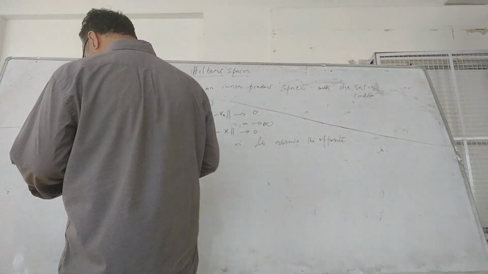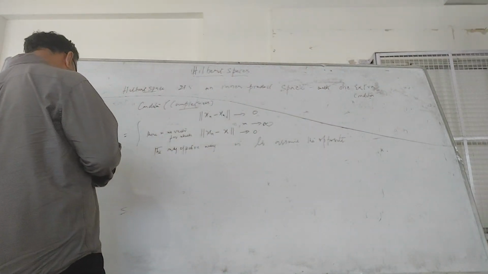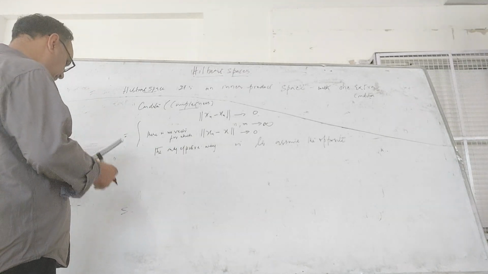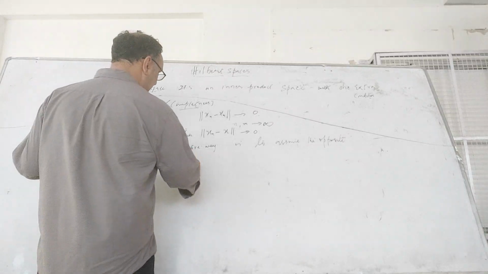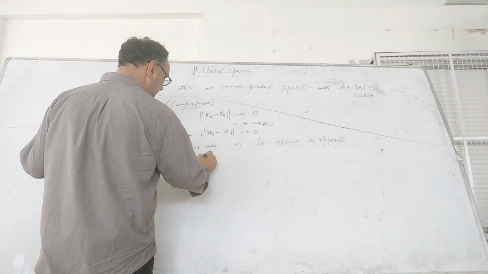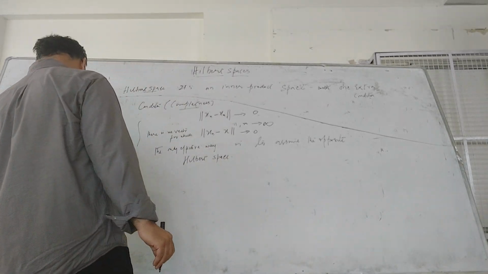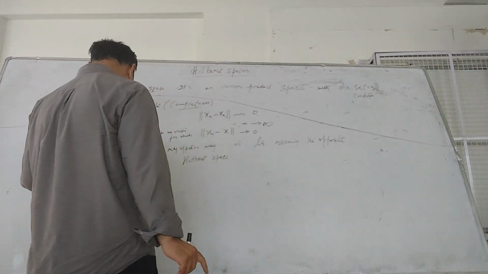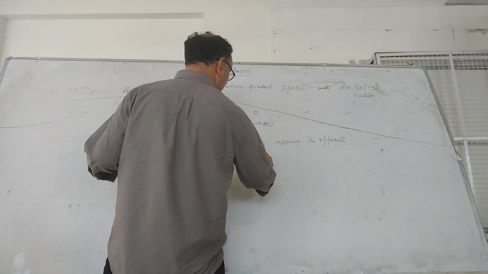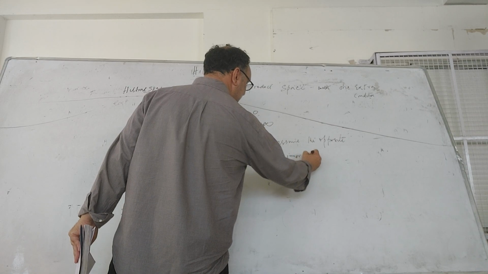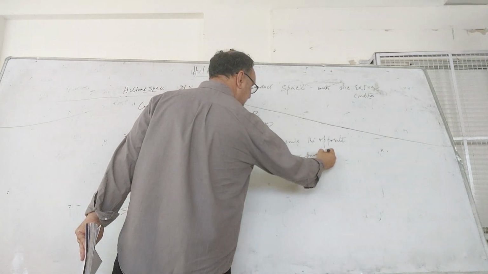It is that a Hilbert space is a complete inner product space.